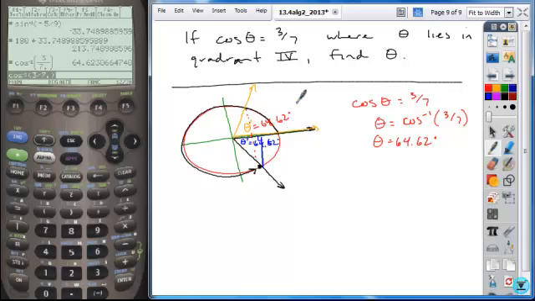Okay, so how can we come up with this whole angle measure from here to here based on what we know? Well, we could either say 180 plus this measure, or we could say 270 plus this measure, or since the angle that we have is this reference angle of 64.62, what we could also do is come around this whole measure all the way back to the starting point and then come back out to form our whole measure.